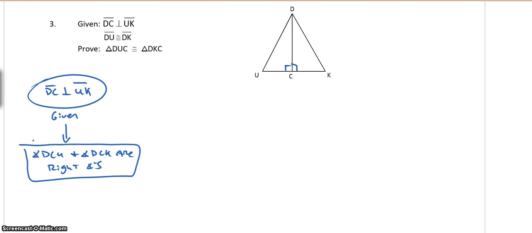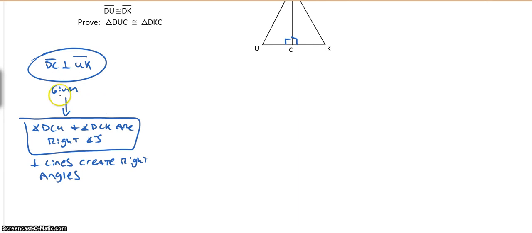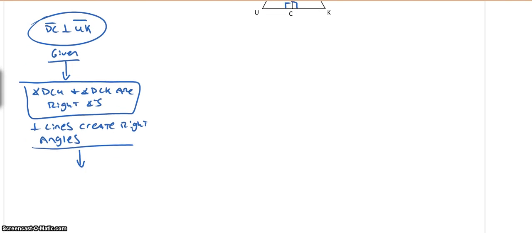Ooh. Alright, now we know that. We know this because perpendicular lines create right angles. Alright, so that's my reason. We had lines up there, so you can put lines there if you want. And now this heads to what we're going to say is congruent.